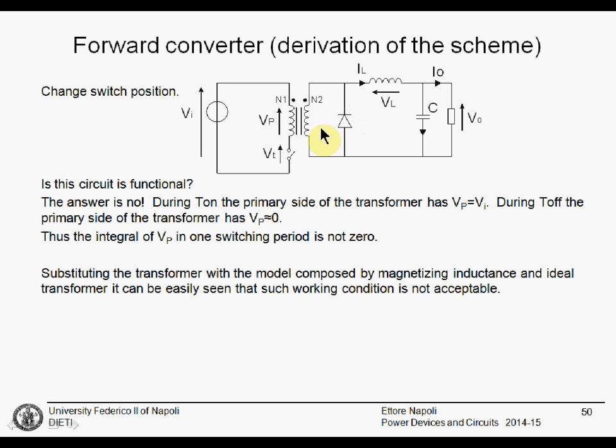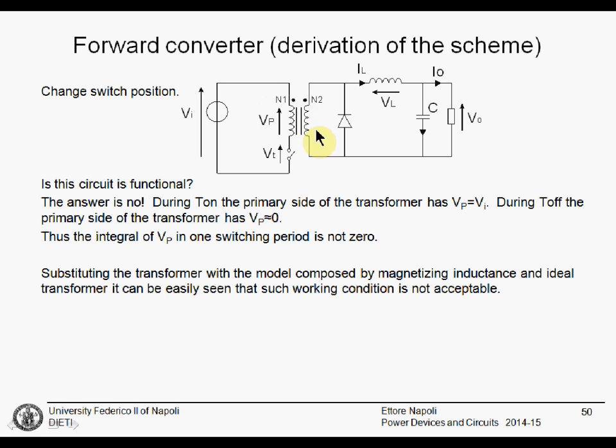This means that the voltage here will be just the voltage drop on the diode, that is more or less 0. We can approximate this to 0. And since this is a transformer, if there is 0 voltage here, there will be 0 voltage on this other side. Now this means that the average value of the primary voltage is different from 0. It's much larger than 0.